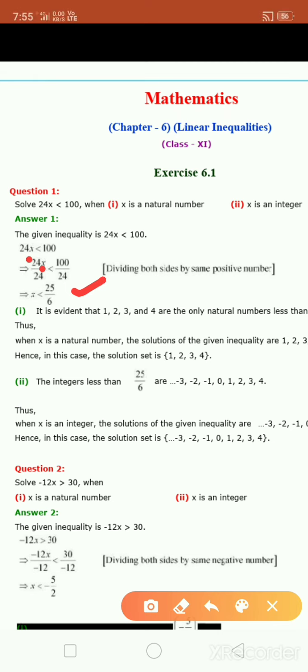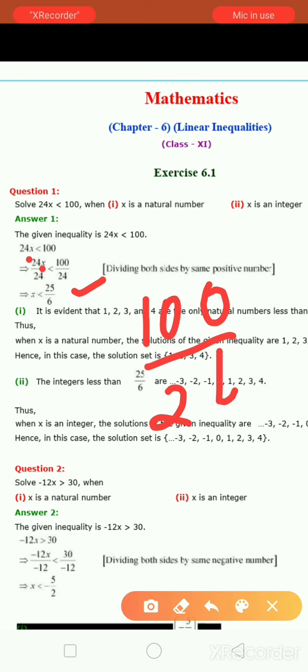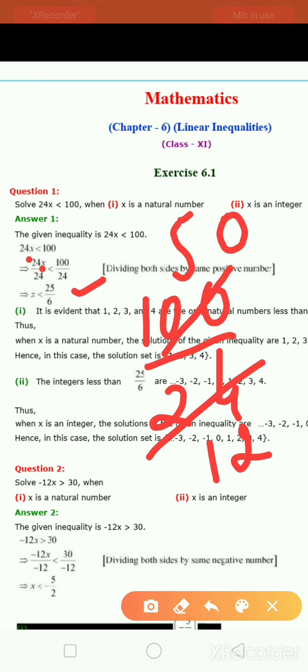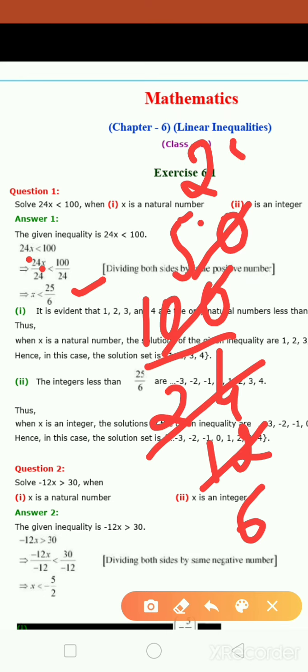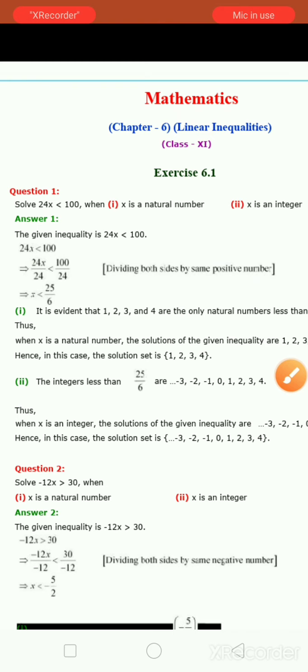So x is less than 100 by 24. If you simplify it, we'll get 25 by 6. That is 100 divided by 24: 2 ones are 2, 2 twos are 4, 2 fives are 10, so you get 25 by 6.